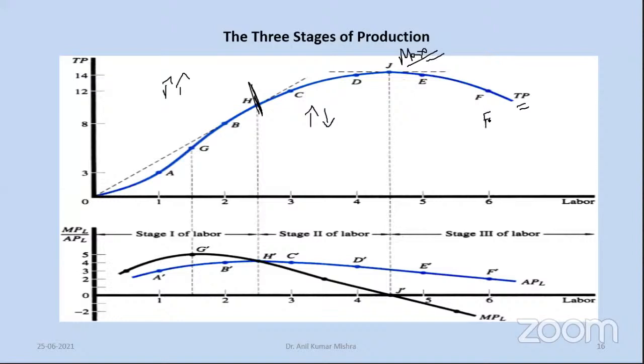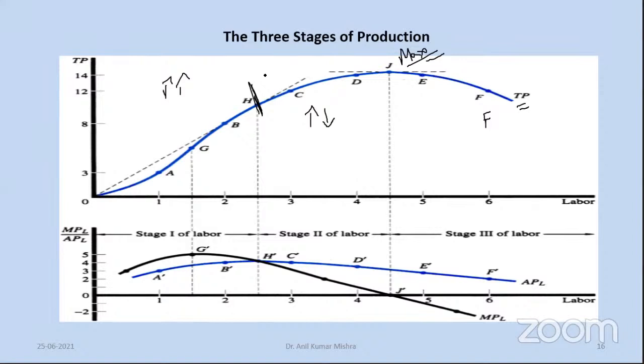Okay, so that means total product initially increases at an increasing rate. This is convex in nature. Thereafter, it is concave in nature, which reaches its maximum point, vertically below this particular J point. Then the point H is there, the point of inflection, where it converts from increasing at an increasing rate to increasing at a diminishing rate.